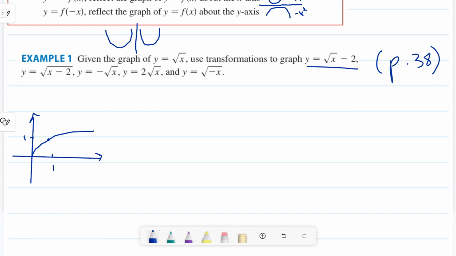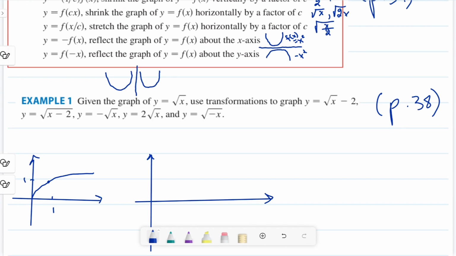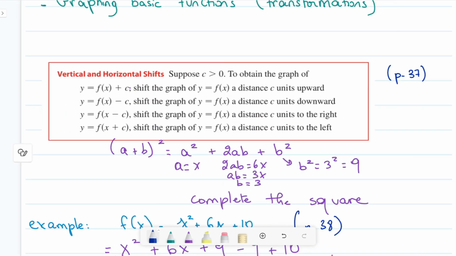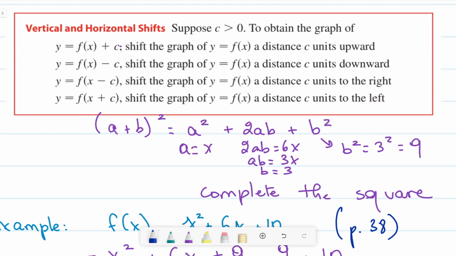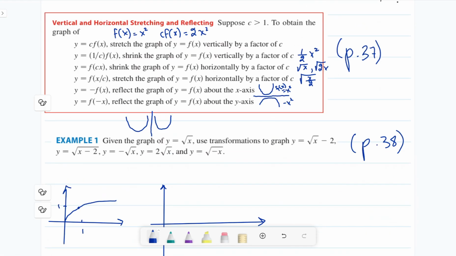So let's start with the first one, square root of x minus 2. Again, this is a review of the previous page as well. So if I were to do square root of x minus 2, let's look back where we learned this. It's here: I shift the graph downwards a distance of c units.